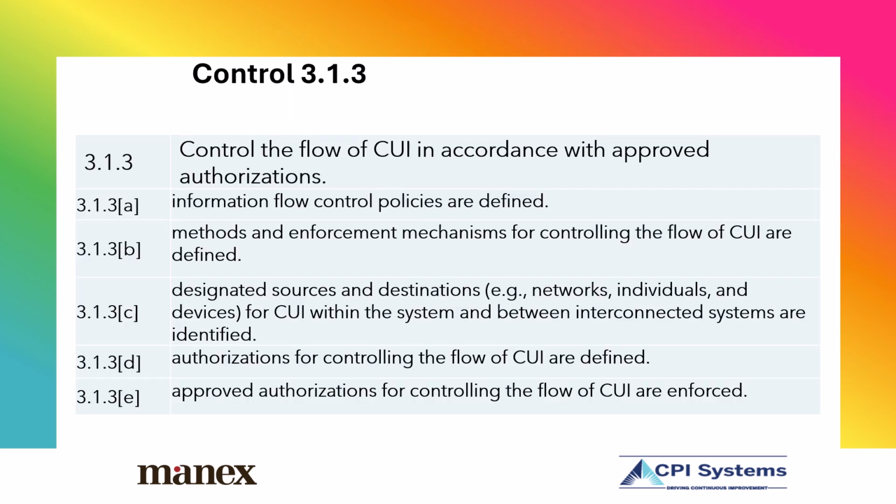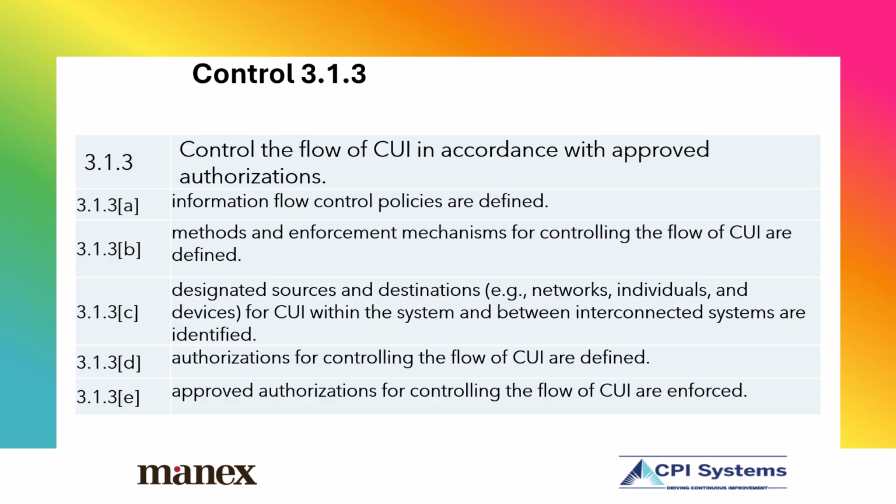Control, or Practice Requirement 313, is part of the access control family. Basically, control the flow of CUI in accordance with approved authorizations. It relates to authorized transfer, transmission, or sharing. Let's look at it: information flow control policies are defined.